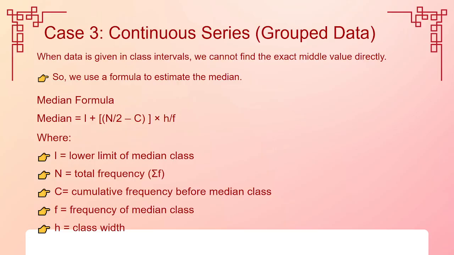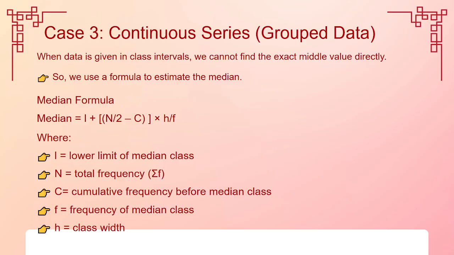The corresponding class contains the median value, that is called the median class. Now the value of median is obtained by using the formula: median is L plus h by f into (n by 2 minus c), where L is the lower limit of the median class, n is the total frequency, c is the cumulative frequency before the median class, f is the frequency of the median class, h is the class width.